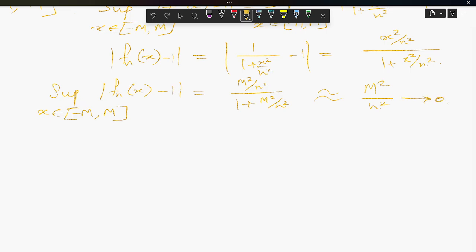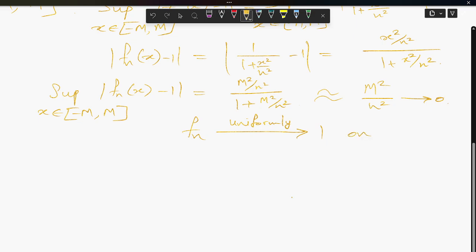Since the bound is independent of x, it follows that f_n goes to 1 uniformly on the bounded interval. That means we can write on minus M to M, that is, a closed bounded interval.